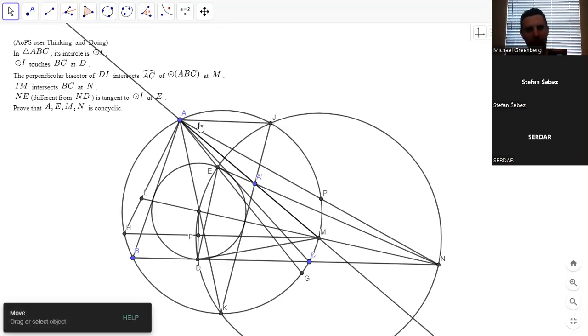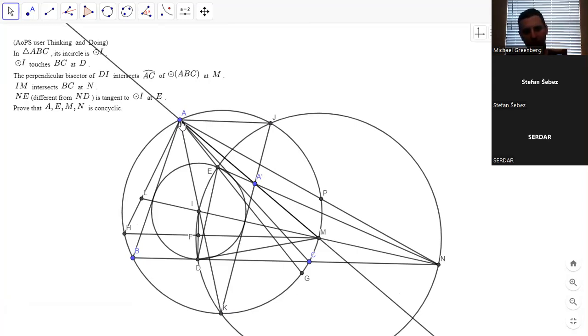I wonder if AJ and AK are isogonal. Oh, that would be obvious. Yeah, AJ and AK are isogonal because M is the midpoint of arc JK. So, yeah.